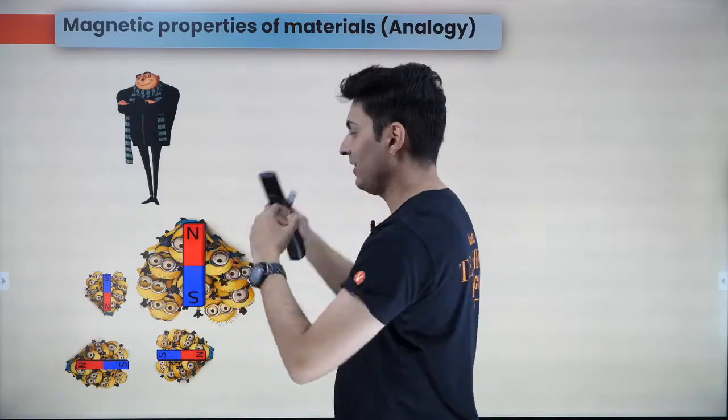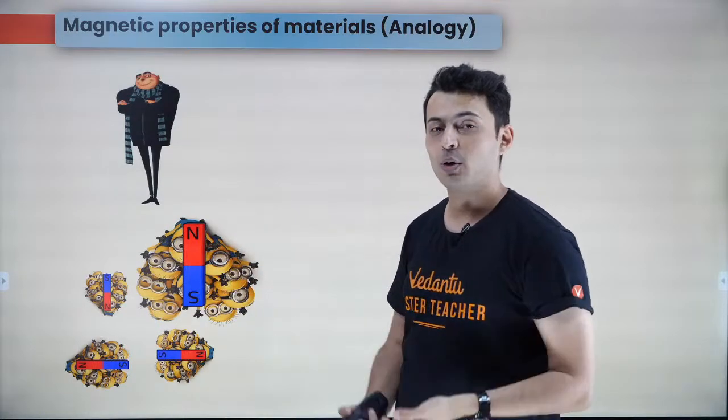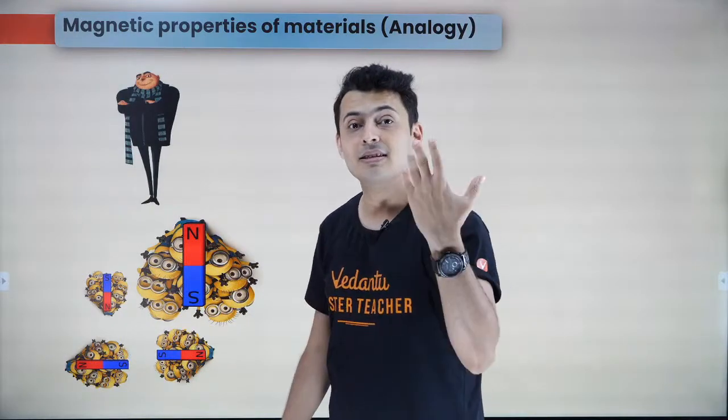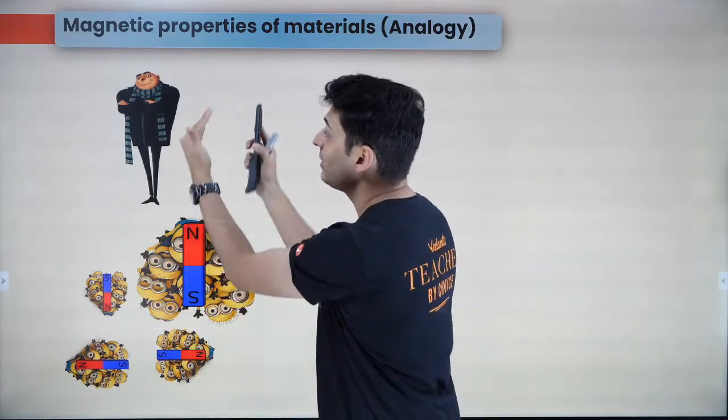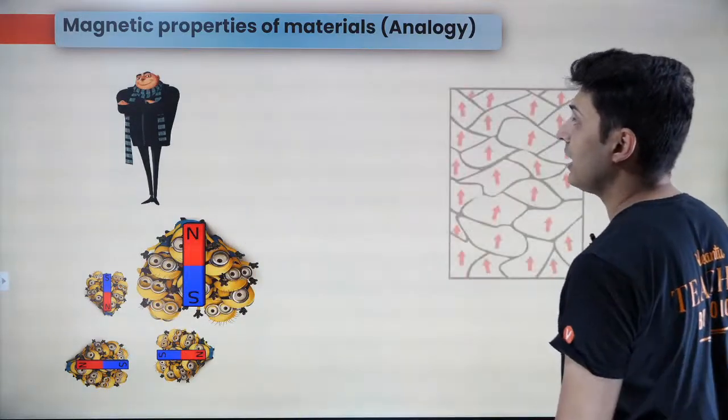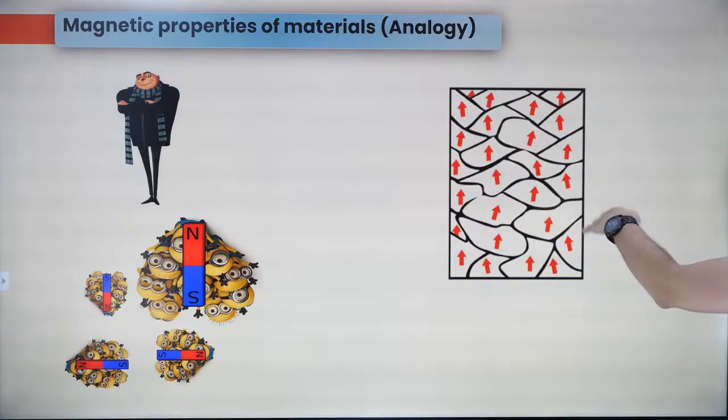And they expand, guys. So more and more domains point in the same direction, and that's how it gets magnetized in the direction of the external field. They try to align themselves in the direction of the external field.